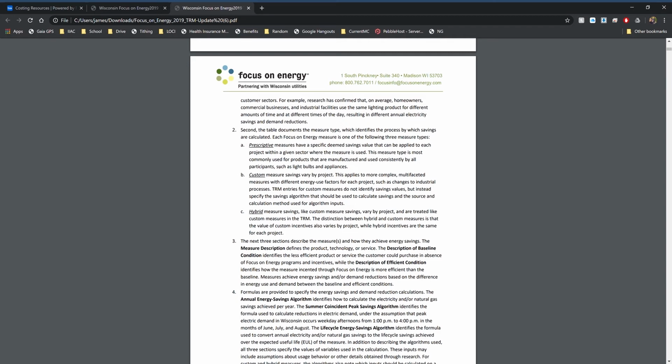We'll just talk a little bit about what each of these measure types are. So this prescriptive measure, these measures have a specific deemed savings value that can be applied to each project within a given sector where the measure is used. So the bottom line is prescriptive measures are going to be deemed savings and deemed costs.